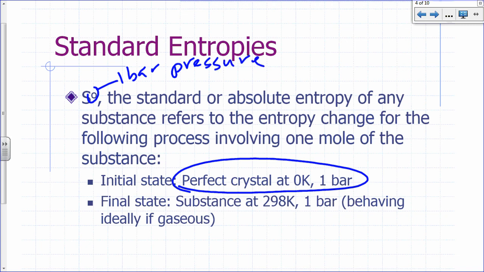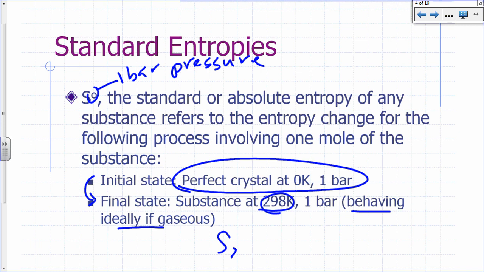You heat that crystal at constant pressure of 1 bar and take it all the way to 298 Kelvin. And if it happens to be a gas at that temperature, imagine that it's behaving ideally.